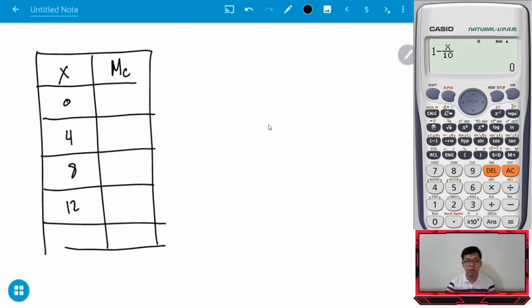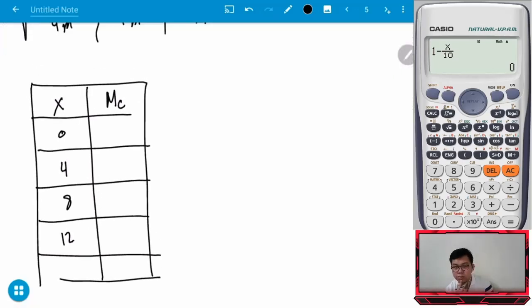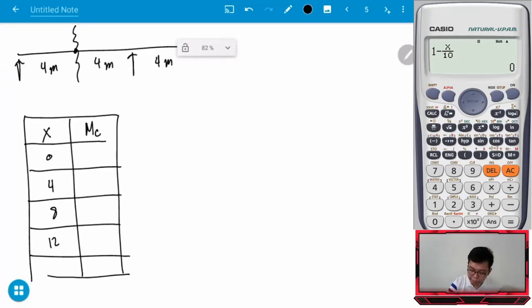Yan na lang yung i-consider ko guys. Tingnan nyo, 0, 4, 8, and 12. Tama, no? Anyway, so check down natin dito.